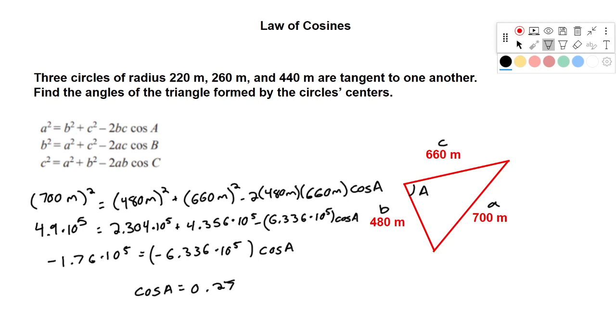So if we take our inverse cosine, we will get A equals 73.87 degrees. So we've got our first angle.